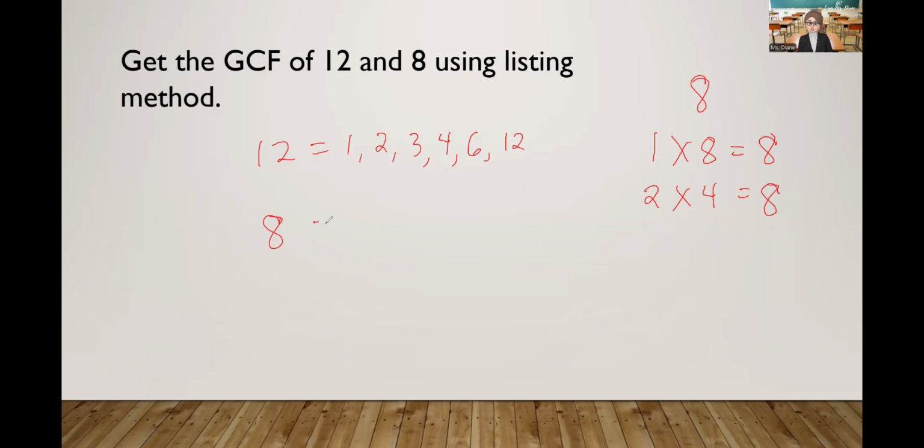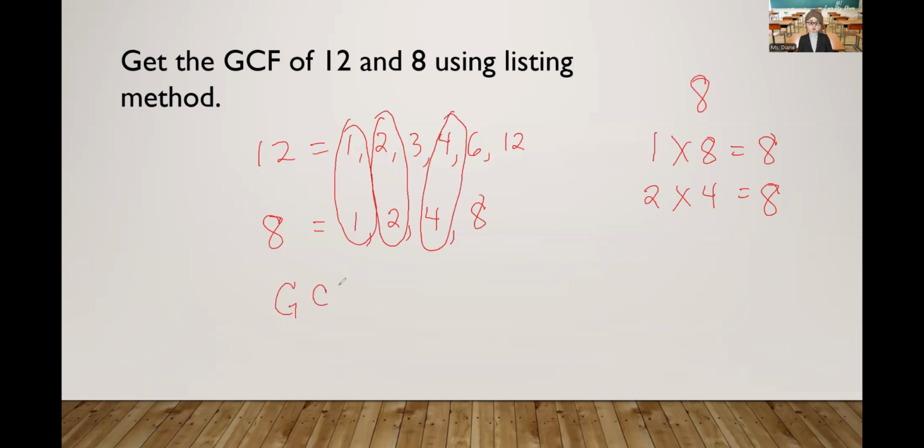So let's list 1, 2, 4, and 8. How many common factors do we have? Let's encircle them: 1, 2, and 4. So the greatest common factor of 12 and 8 is 4. So this is your answer.